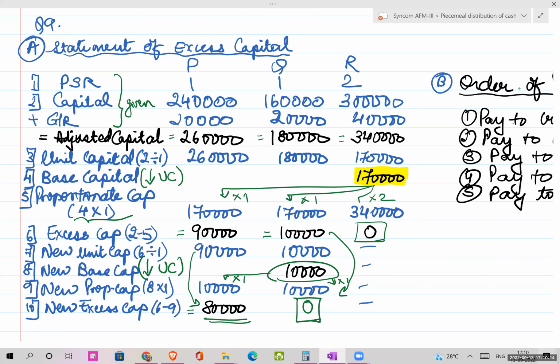So it looks like R has the highest capital, but no. When you solve it, you will come to know that out of P, Q, R, P has the relatively highest capital out of the 3. ऑब्वियसली होगा ही ना. देखो 2,40,000 वो कैपिटल लाया है, उस पे उसको जनरल रिजर्व भी मिला है, तो 2,60,000 हो गया. फिर divided by the PSR, he is getting 1. His PSR is 1 ना. ऑब्वियसली उसका रिलेटिवली हाईएस्ट कैपिटल है. ओके, so this is what you have to do.